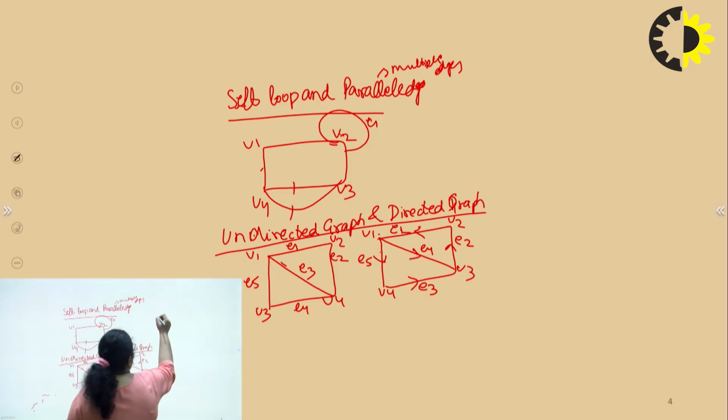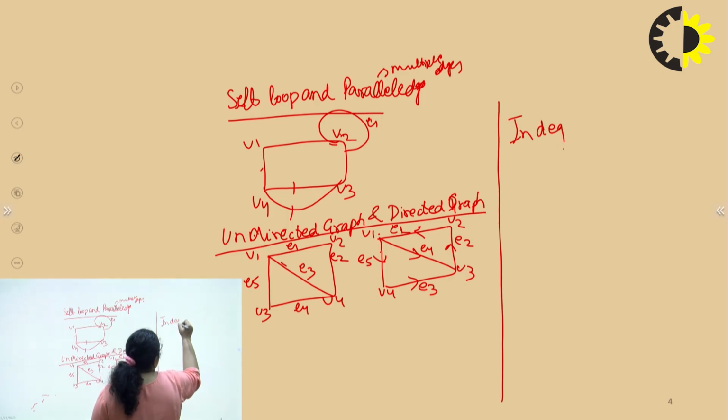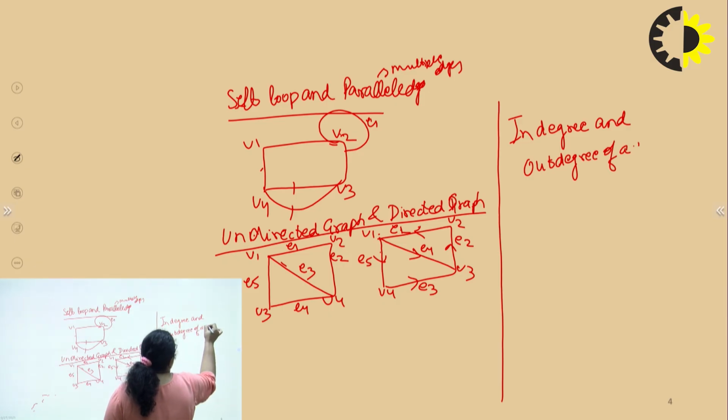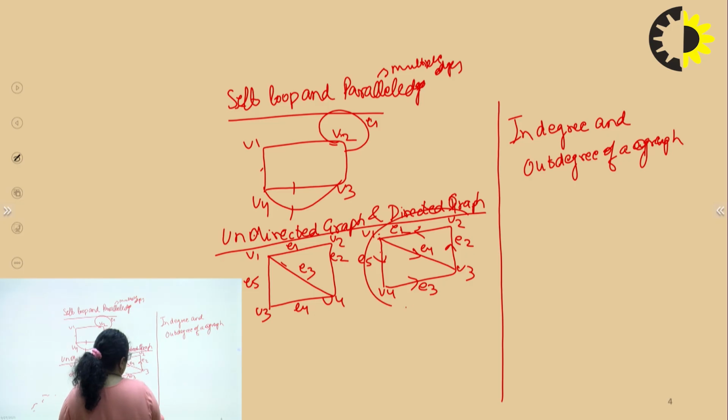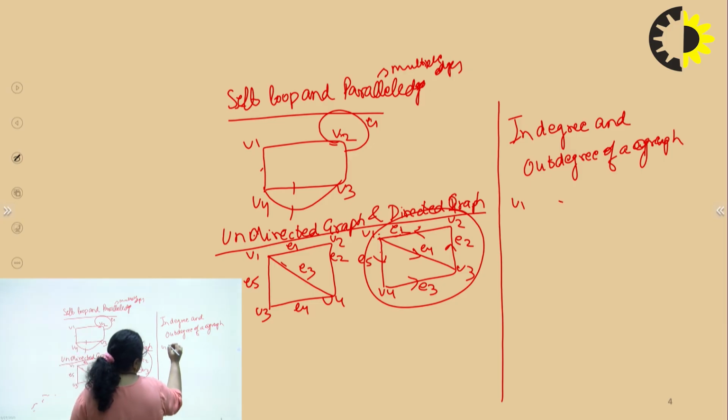Next we have in degree and out degree of a graph. We are taking this example only. In degree of vertex V1: because vertex V1 has incoming edge E1, the in degree of V1 is E1.